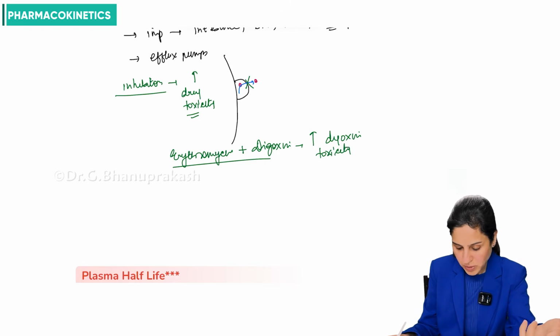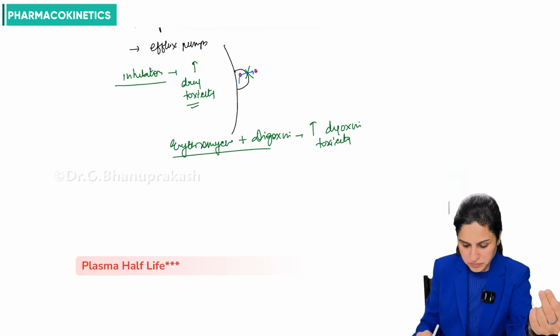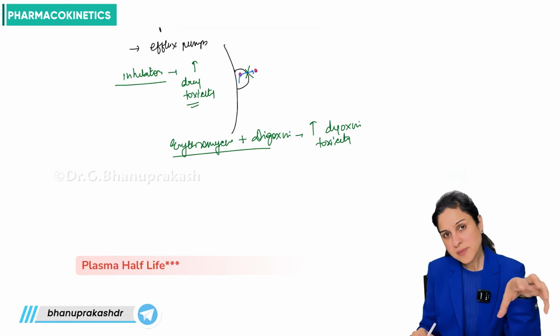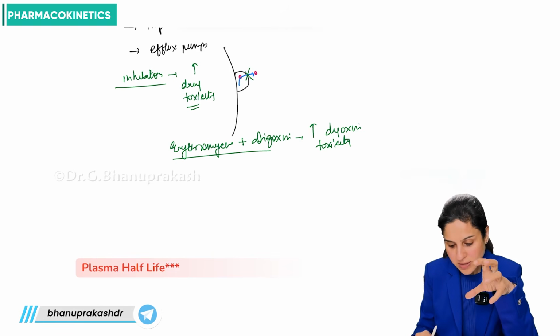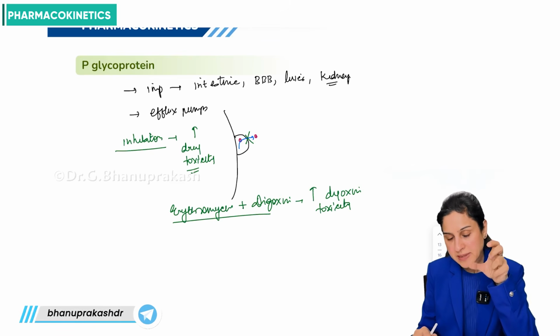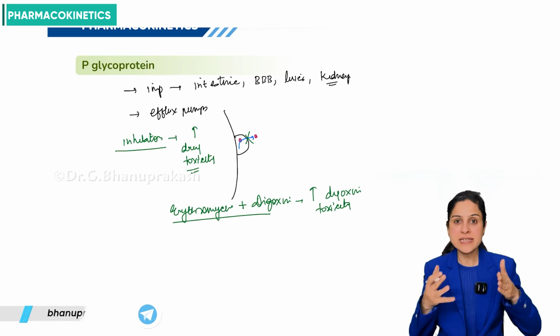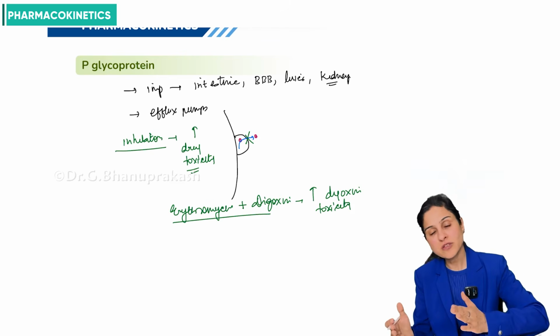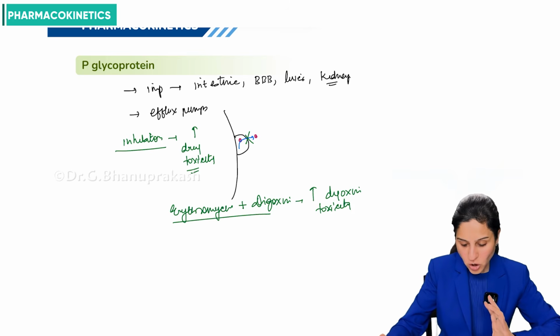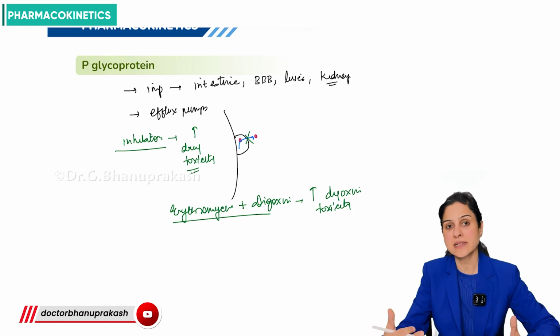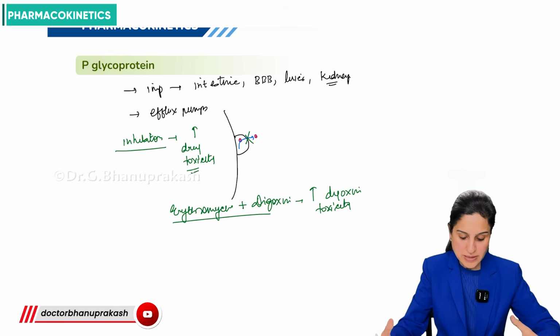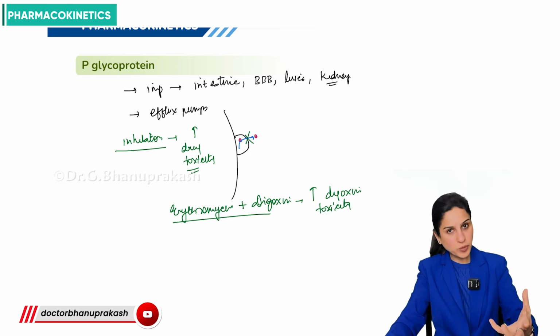Well, this is also responsible for causing resistance in certain anti-cancer drugs, because of the pumps the drug is no longer concentrated in the cell itself. It will be thrown out of the cell again. So it can be a cause of multi-drug resistance in cancer. That can be another point for P-glycoprotein.